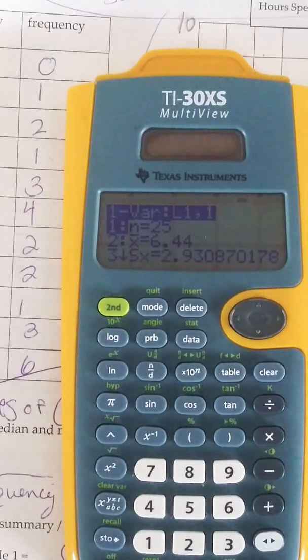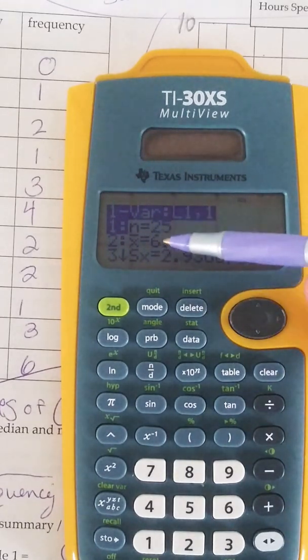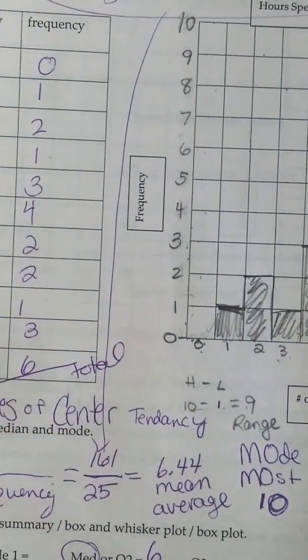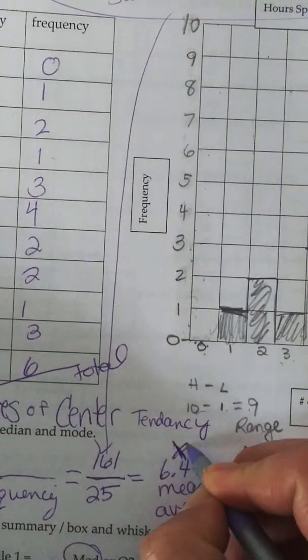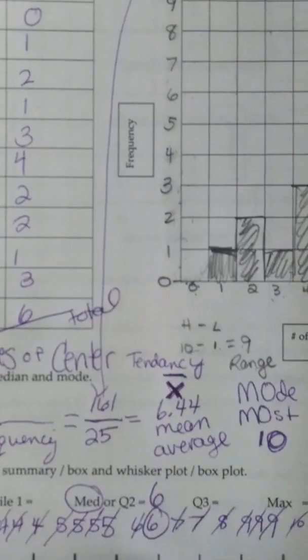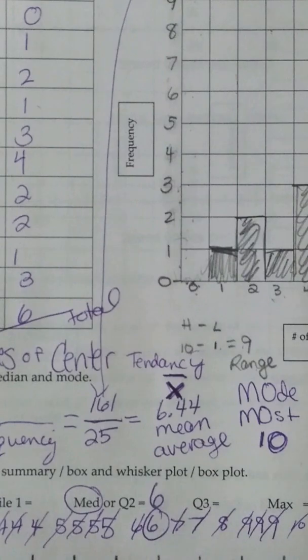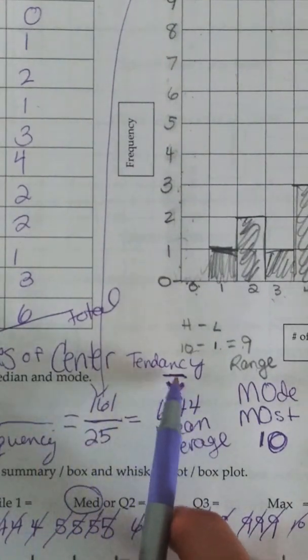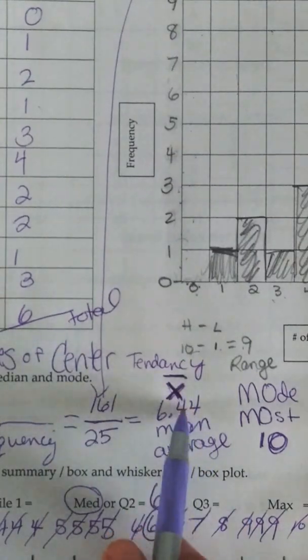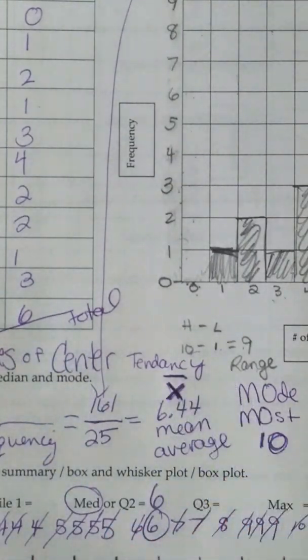So for your calculator notes, we need to add this symbol, x bar. X bar means average. So if you are going to use your calculator, you show your work by explaining that that is the average symbol.